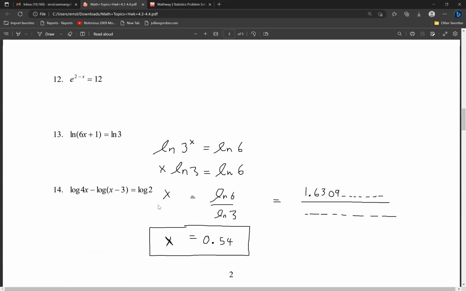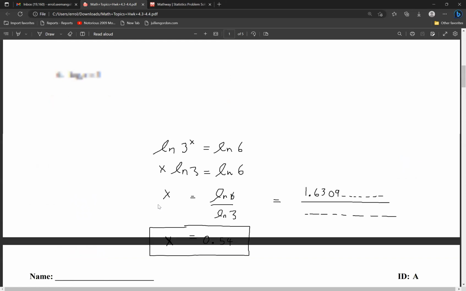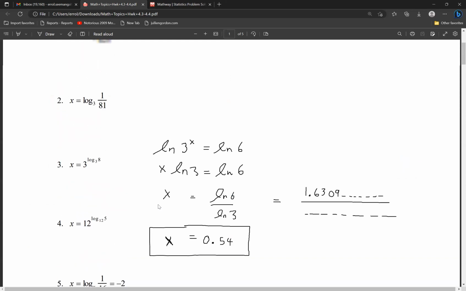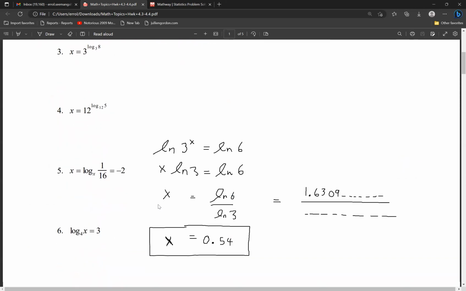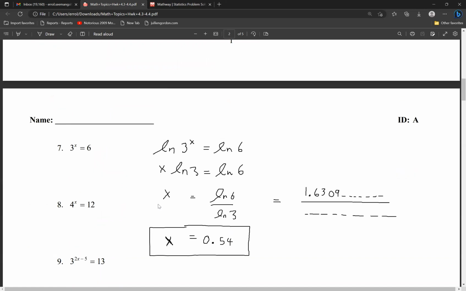You know how you said divide the whole thing by ln 3? But didn't I already get the answer when I divided the first time, just the 6 divided by 3? No, don't do 6 divided by 3. Do ln 6 divided by ln 3. That's what I mean.